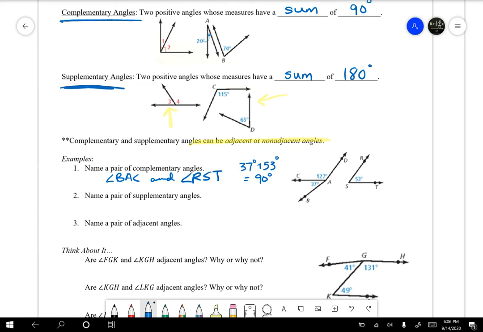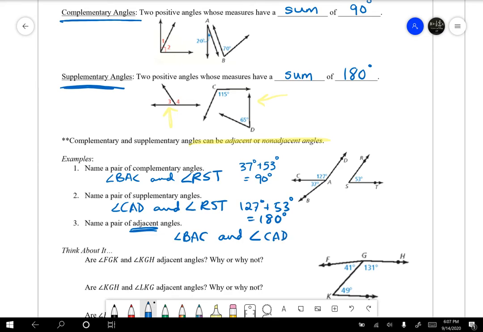For a supplementary pair, we write angle CAD and angle RST, because CAD is 127 and RST is 53, and when you add them together, you get 180. The one pair of adjacent angles here, adjacent meaning they have to actually be connected, is angle BAC and angle CAD. Notice they have that A in common.